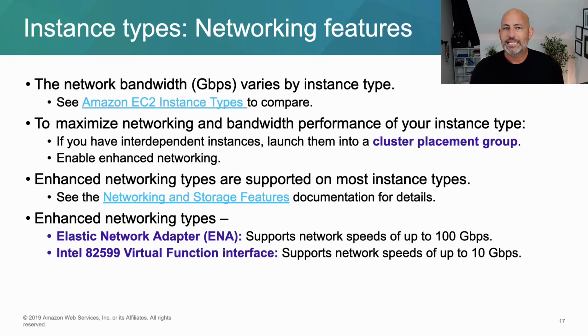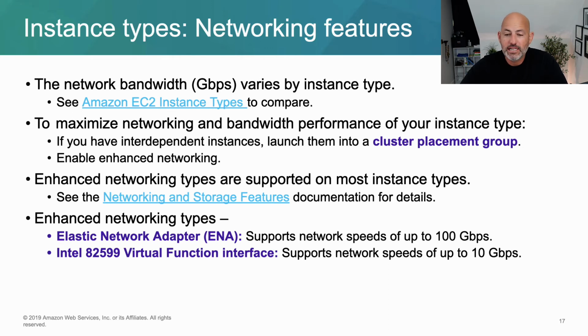In terms of instance types, we've got networking features. The network bandwidth varies by instance type, and you can check that out on your own. In particular, to maximize network bandwidth performance of your instance type, you probably want to launch them into a cluster placement group and enable enhanced networking.